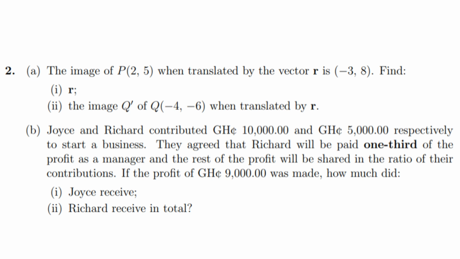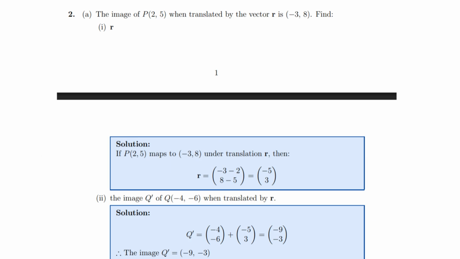So let's start with the question number 2 answers. For 2A, the object plus the translation vector will give you the image. So when you move the object to the other side, we get -3 minus 2, and 8 minus 5, which gives us (-5, 3) as our translation vector.